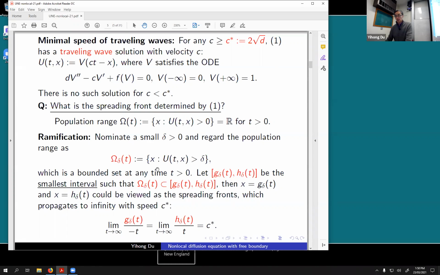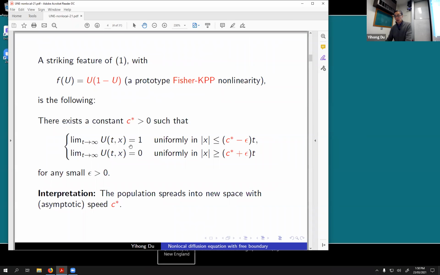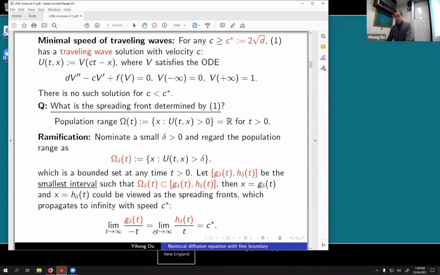Then this result implies that these endpoints go to infinity at roughly speed C star. So in mathematics, that's what it means. Now, of course, in a practical situation, how do you determine delta? Well, that could be a political thing.